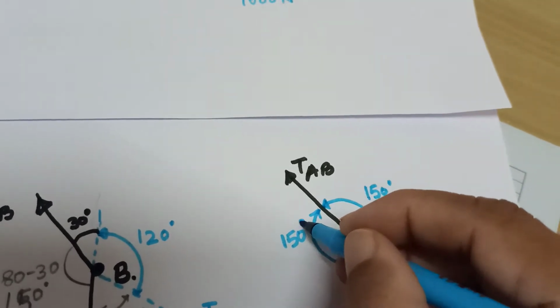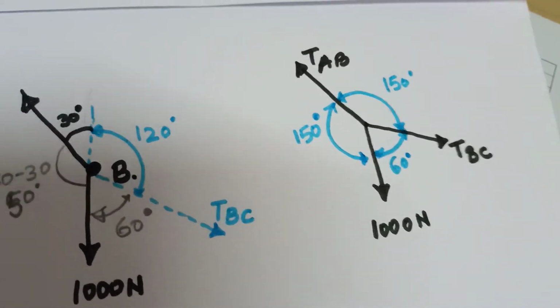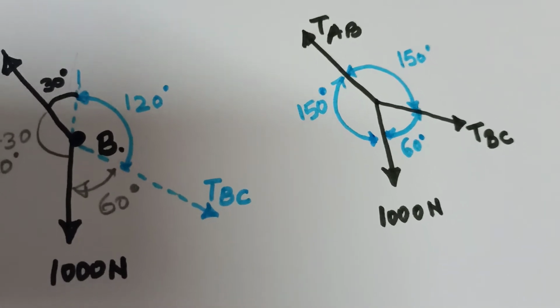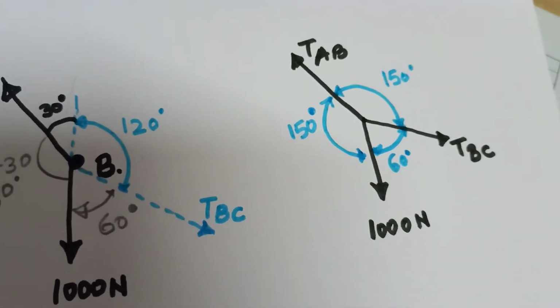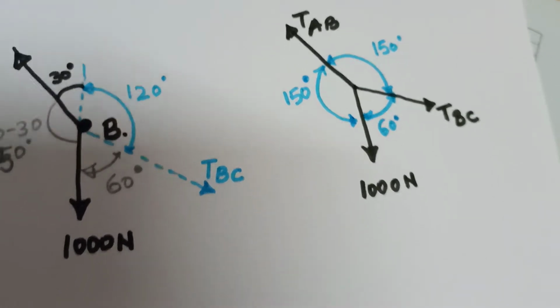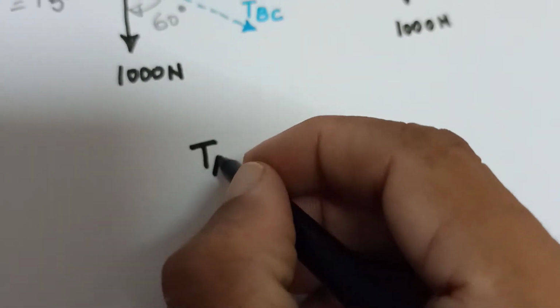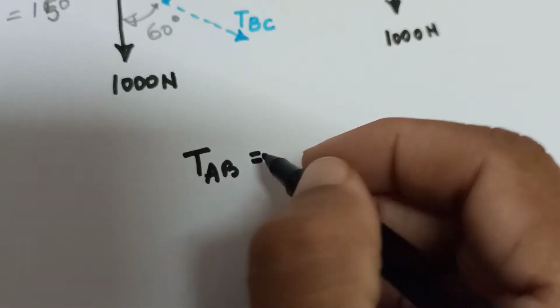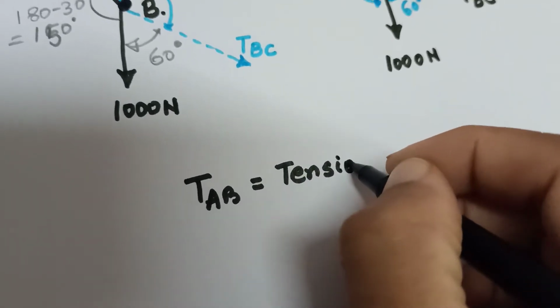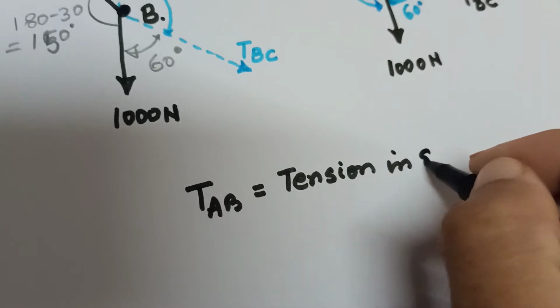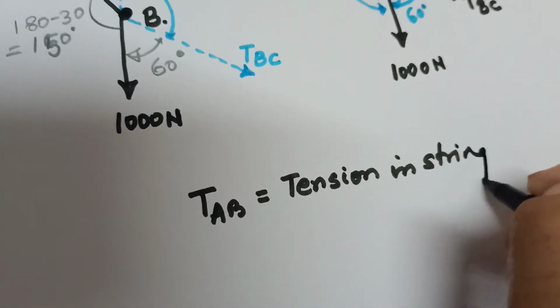Okay, now I can apply my Lami's theorem. What does Lami's theorem say? Lami's theorem says that each force, so what are the forces over here? So TAB, that is tension in string AB.